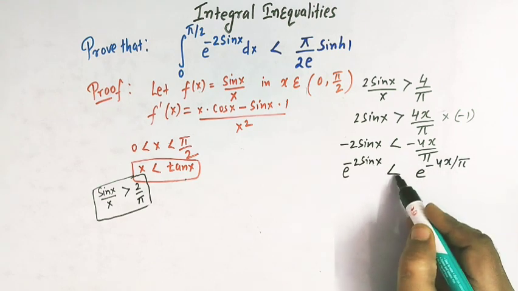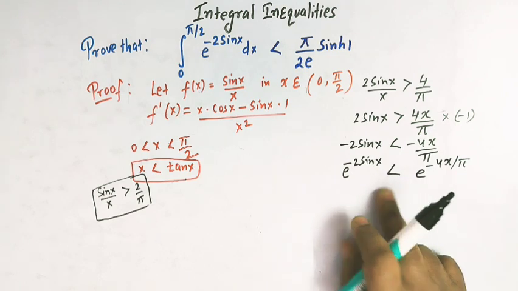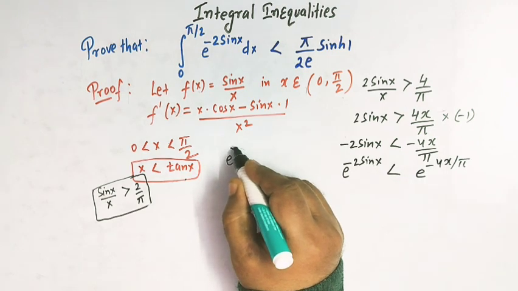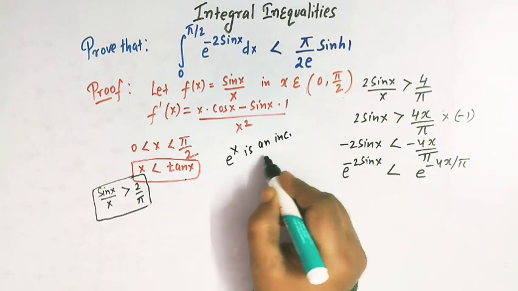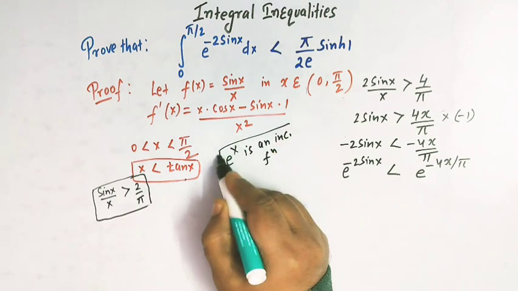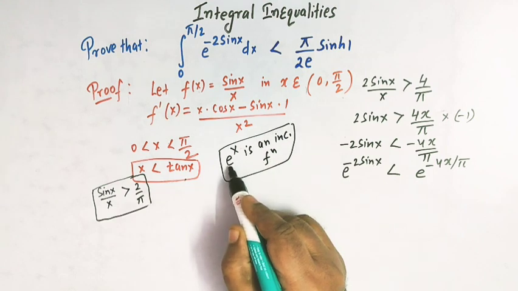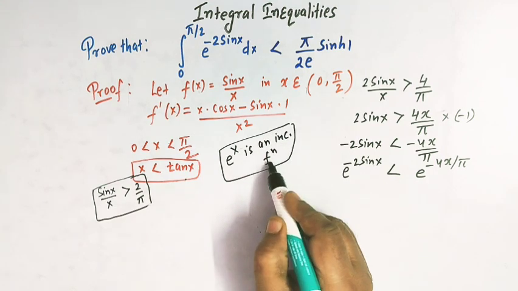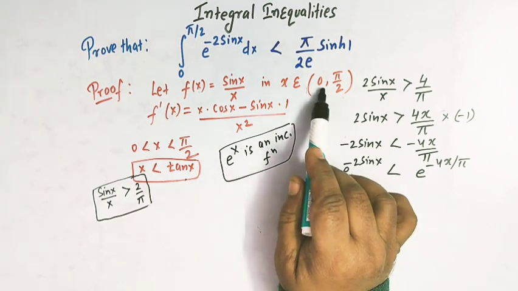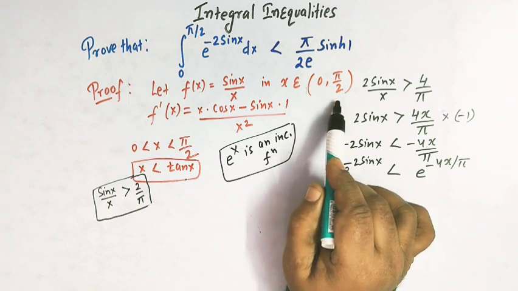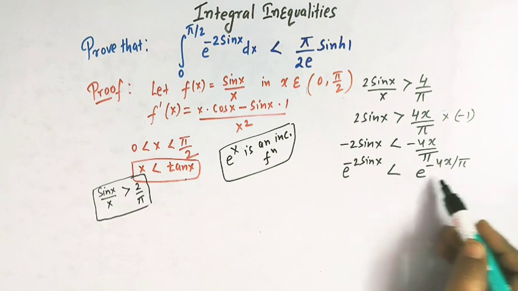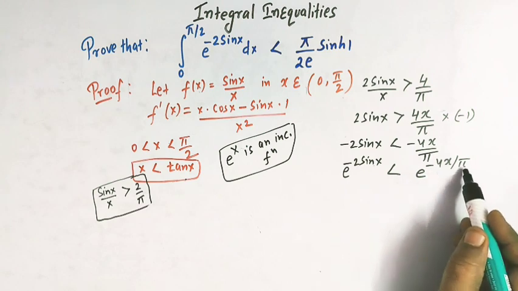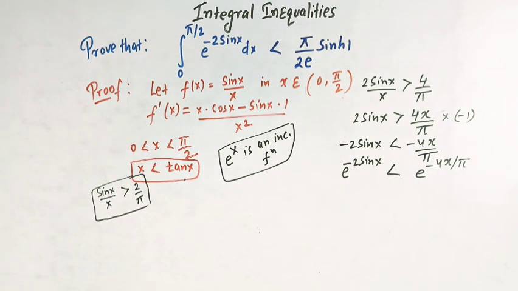And the direction of the inequality remains the same because the function e raised to x is an increasing function, right? So this is the concept here. So the exponential function is an increasing function in this interval, that is 0 to pi by 2. So e raised to minus 2 sine x is less than e raised to minus 4x over pi.